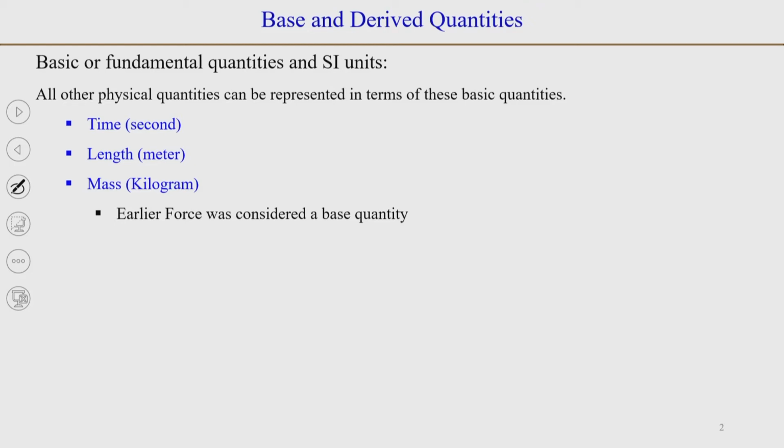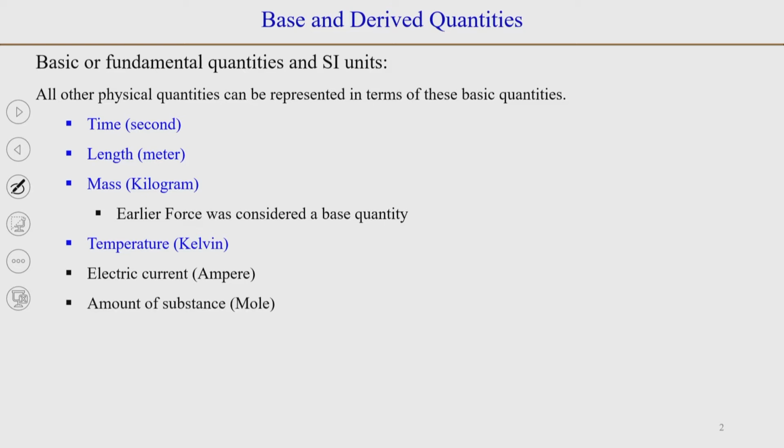Before a few decades back, force was considered a base quantity, but now in place of force it is mass that is considered a base quantity. Then temperature, the SI unit is Kelvin; electric current, SI unit is ampere; amount of a substance, where the SI unit is mole; and luminous intensity, where the SI unit is candela.